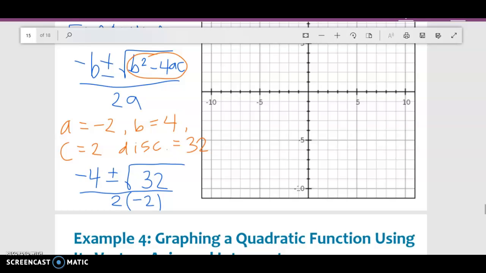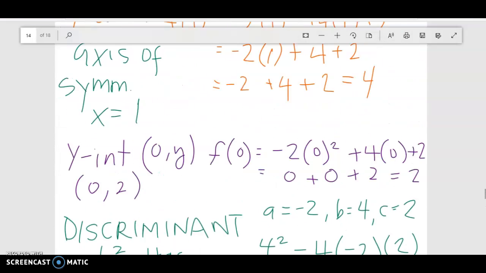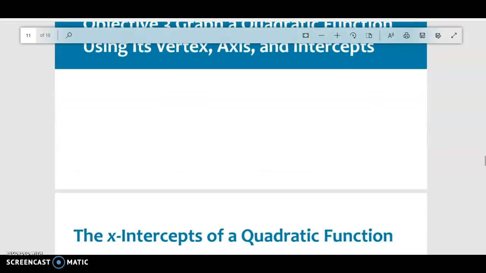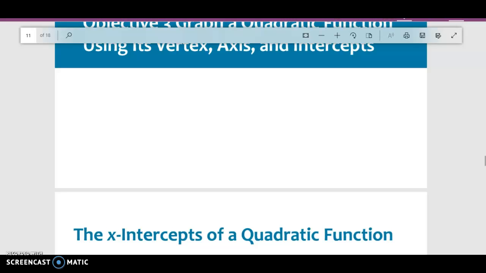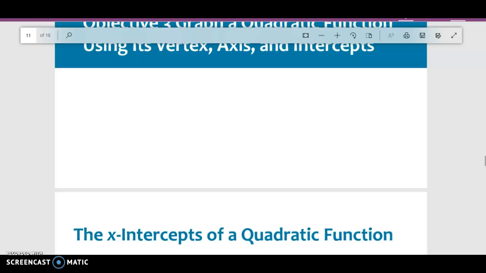Now I have kind of run out of room. Let's see if I can find some space. I'm going to come up here to my objective just to finish up. So here's what I have: negative 4 plus or minus the square root of 32 over 2 times negative 2, which is negative 4. Okay, so real quickly, I'm going to simplify a radical.